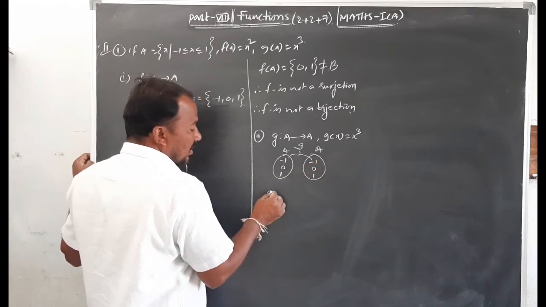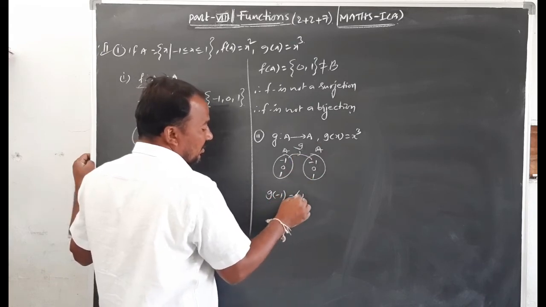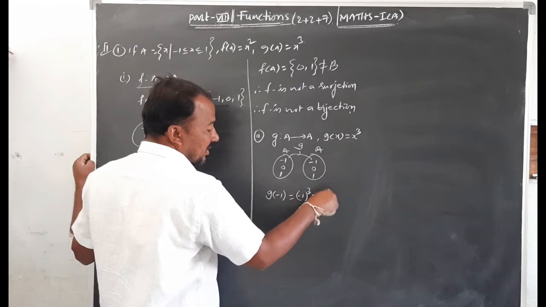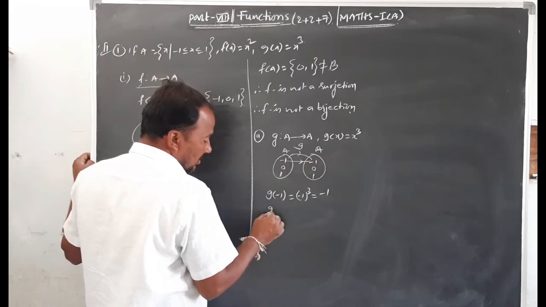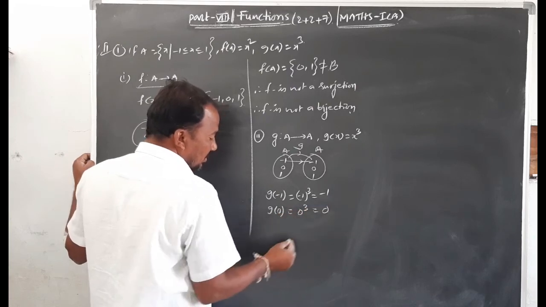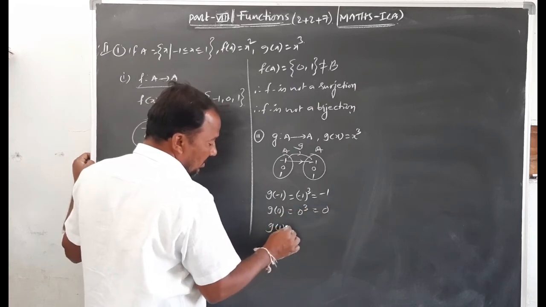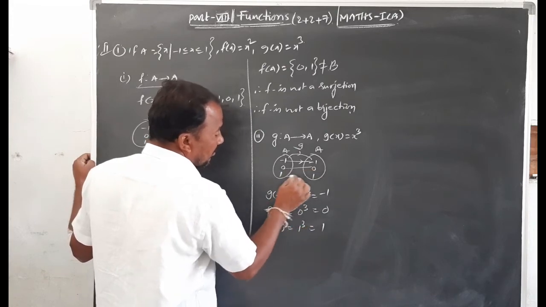Find the values: g of minus 1, minus 1 whole cube, equals minus 1. 0 cube equals 0. G of 1, 1 cube, equals 1.